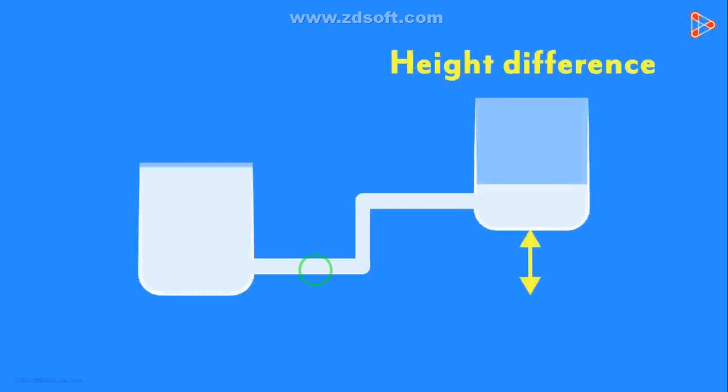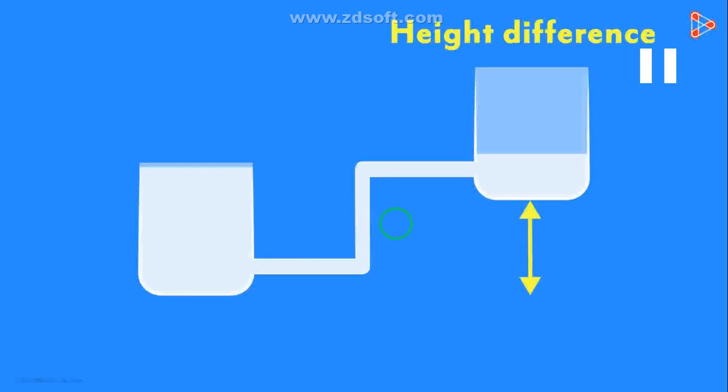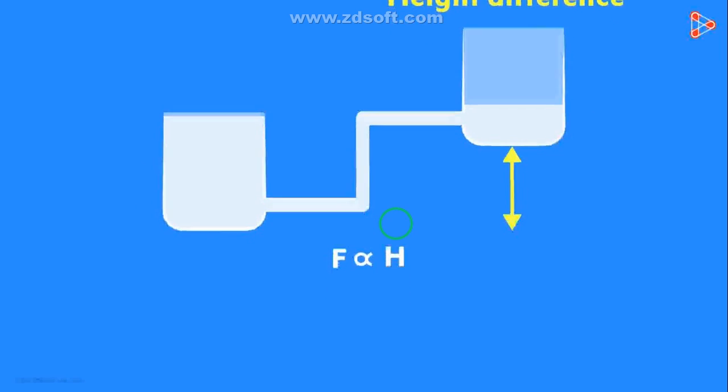When we increase the height of the first container further, the water again flows from high to low, but the force is somewhat higher compared to the first case. So from this we can conclude that the force is directly proportional to the height.